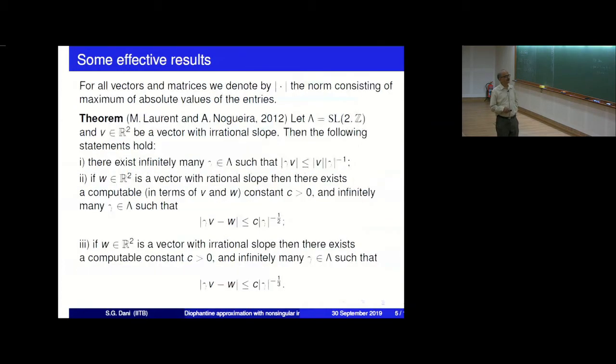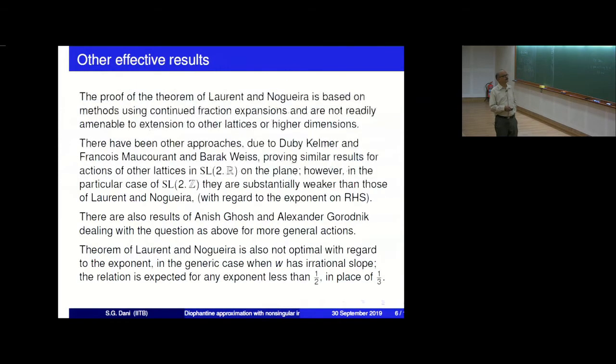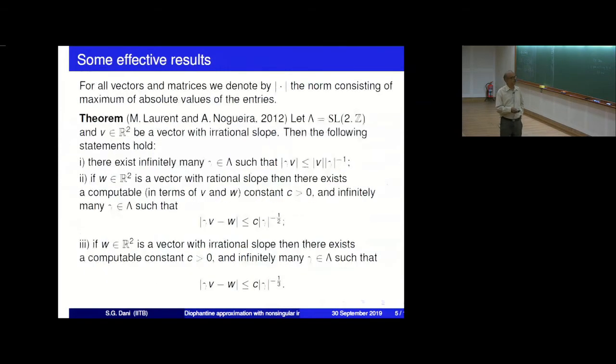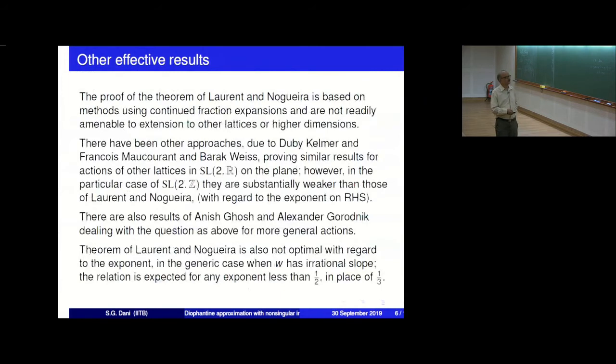What we had, the relation that gamma V minus W is at most a constant times gamma raised to minus 1/3, should in fact hold for any exponent there that is less than half in place of 1/3. So the supremum of those possible exponents should be half.